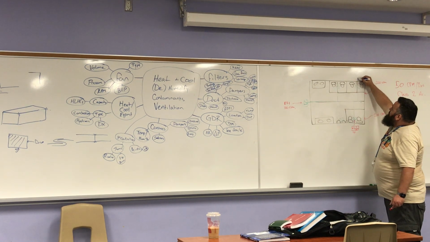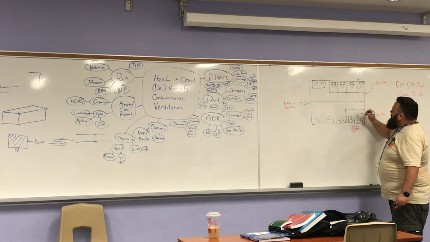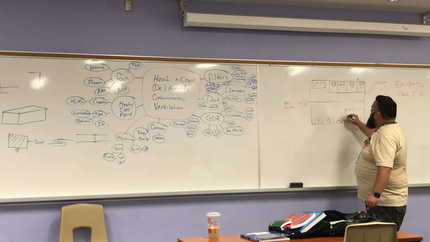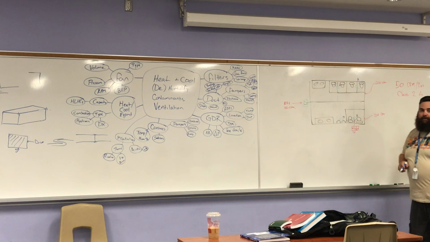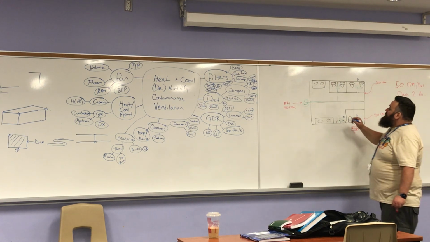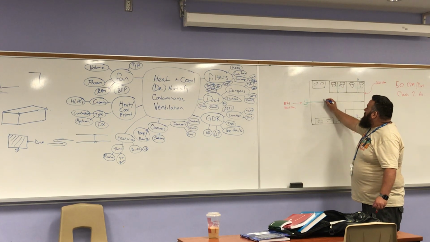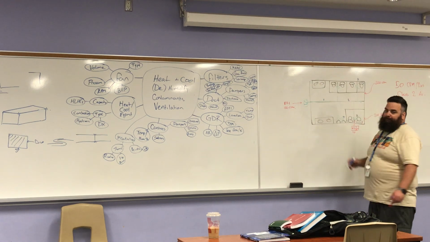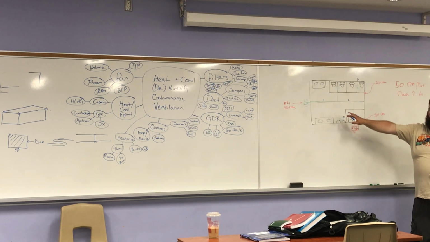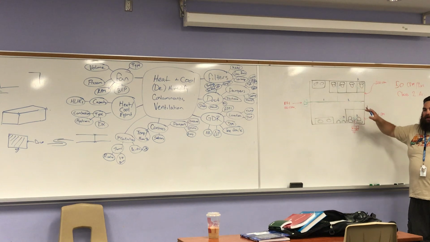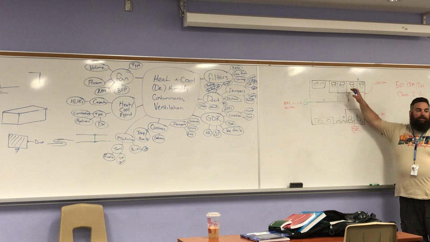This is exhaust grill A, B, C, and D. This is trunk 1, and this is trunk 2. This is arbitrary. I just came up with these numbers because I needed to identify the branches.